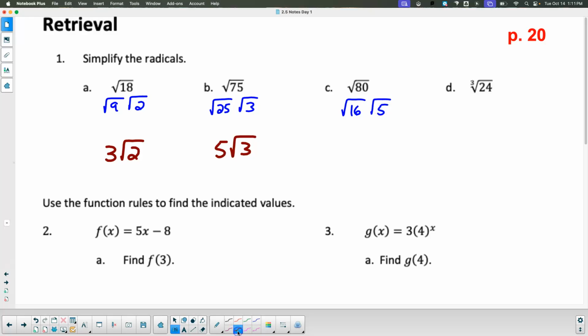I get 4 square roots of 5 for part C. Yeah? I get 2 cube roots of 3 for part D. Yes?